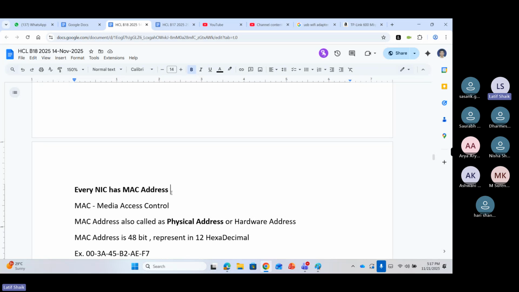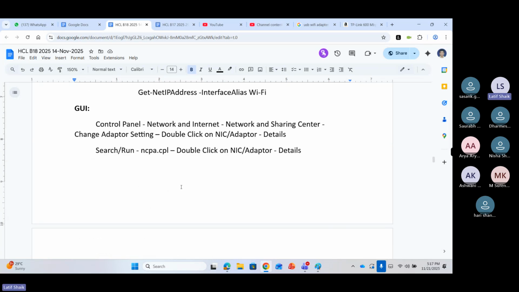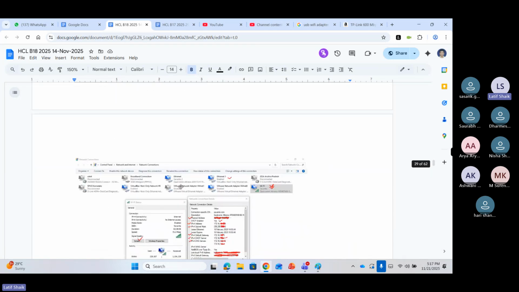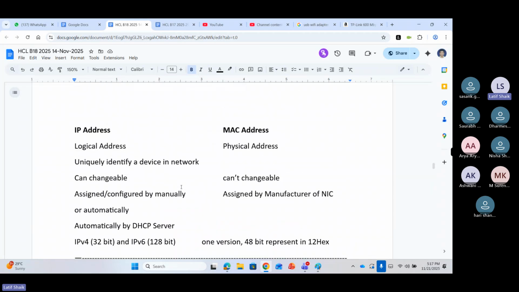So there is also a MAC address discussion. Okay. What I'm going to do is skip what the MAC address is right now. It is important: what is a MAC address, what's the difference between MAC address and IP address, how to check MAC address, how to check IP address. This is very important.